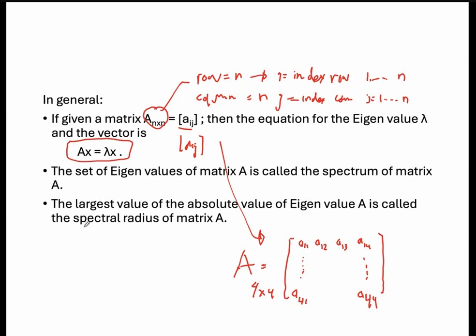Okay. And it's possible that a matrix has more than one eigenvalue. Maybe a matrix has 2 or 3 eigenvalues that have different values. It depends on the values of the matrix.